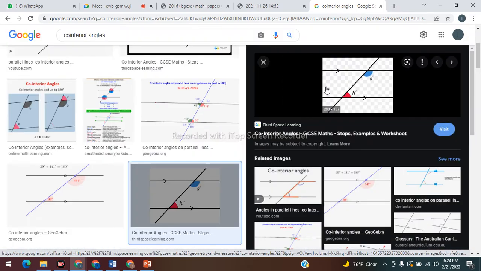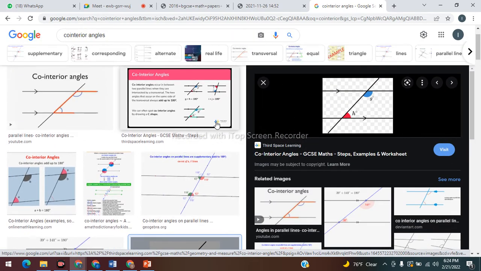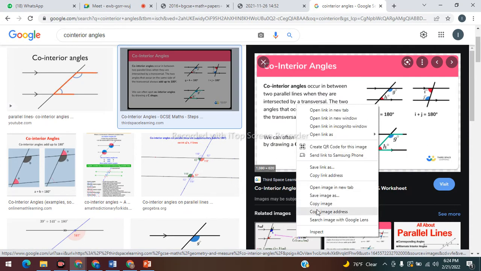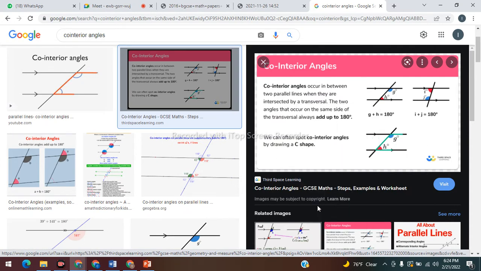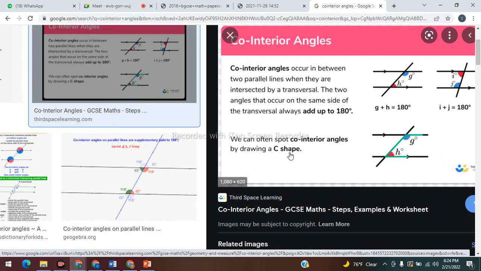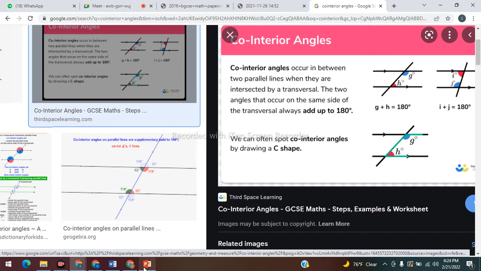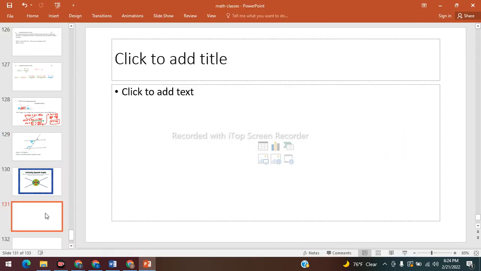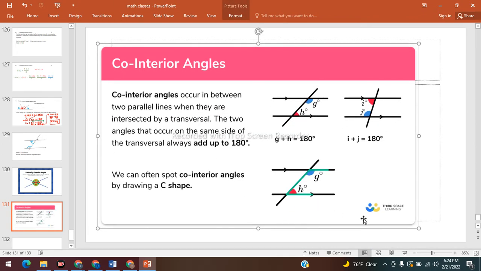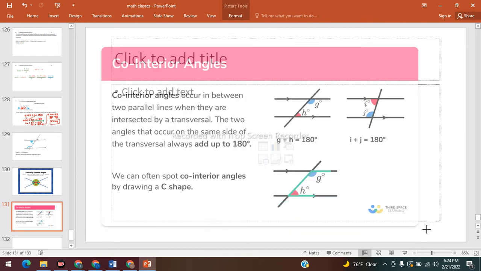The trick to know co-interior angles is that they form a C shape. So co-interior angles add up to 180 degrees and they form a C shape.